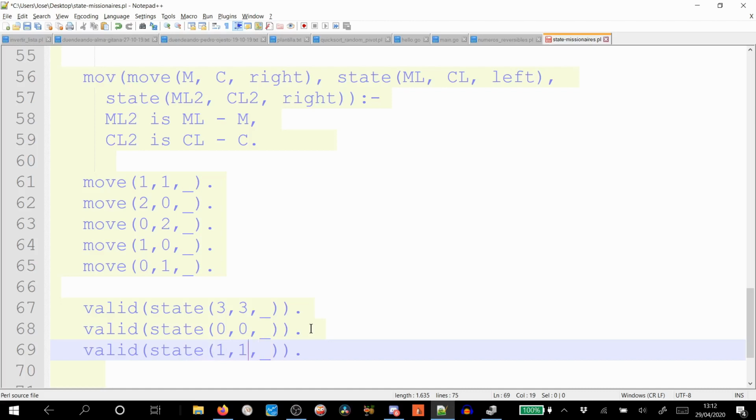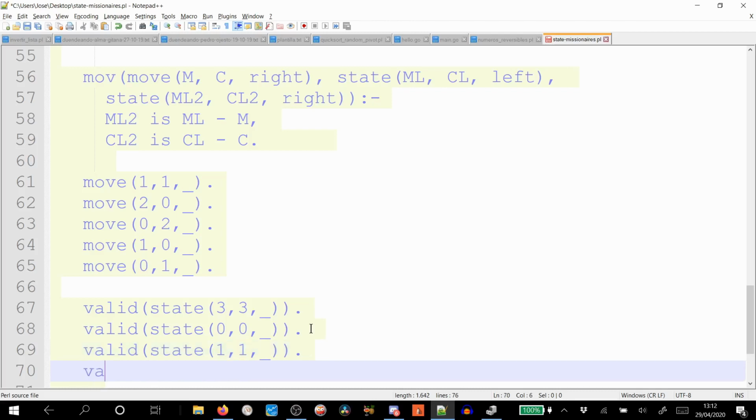Do you think it's valid or not? Yes. Why? Because the other side is exactly the same, 2 and 2. So that is valid. Other option: a state is valid if you have 2 and 2, and the other side will be 1 and 1. That's true. What more?